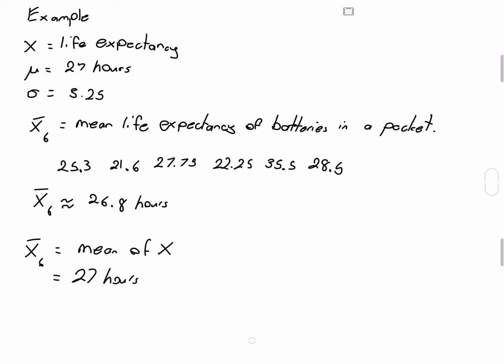If we're finding that the mean of our sample, in this case 26.8 hours, is well different to the actual mean that we're told, in this case 27 hours, then some questions have to be asked of the manufacturer of the battery, that they might be fudging their results, especially if our observed value is significantly lower. So, thing to remember, this is your observed, and this here is stated.